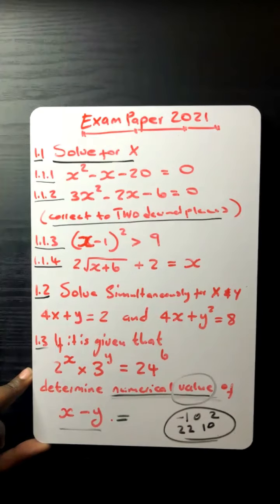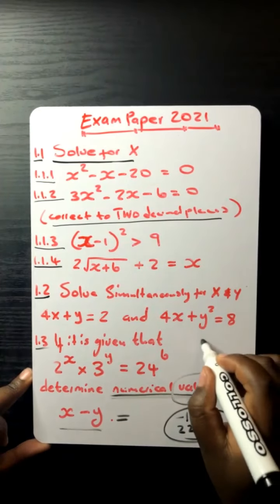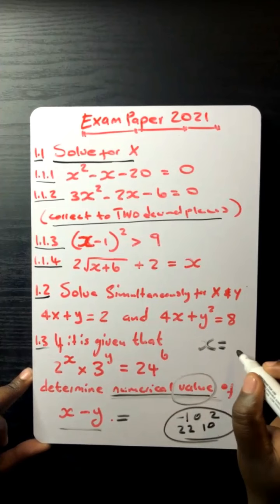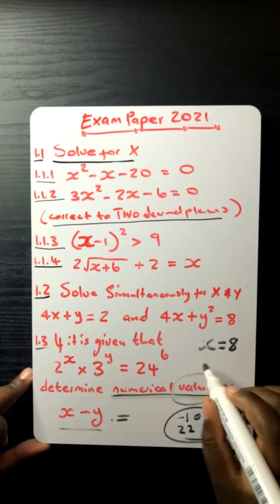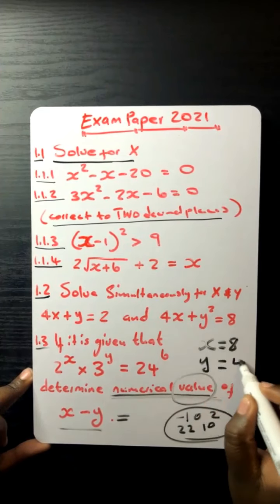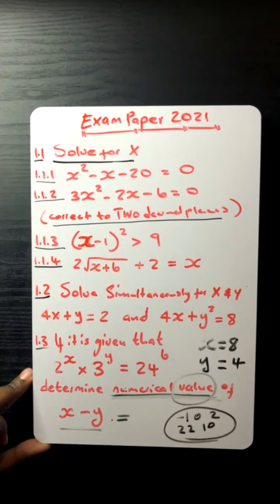Do not calculate the x value and find the x value to be, let's say, 8, and find the y value to be 4 and leave it there. Guys, you won't score maximum marks.